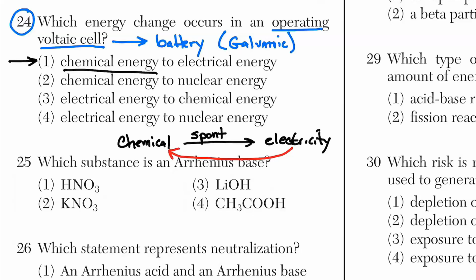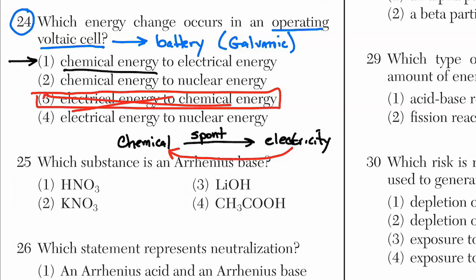So the electrolytic cell is you need a battery to make the chemical change. So that'd be electricity into chemical energy. So choice three would be the one if we were talking about electroplating or electrolysis, okay? But of course, we're talking about a battery. We're using the chemical energies from the chemicals reacting to make electricity. So number 24 is choice one.